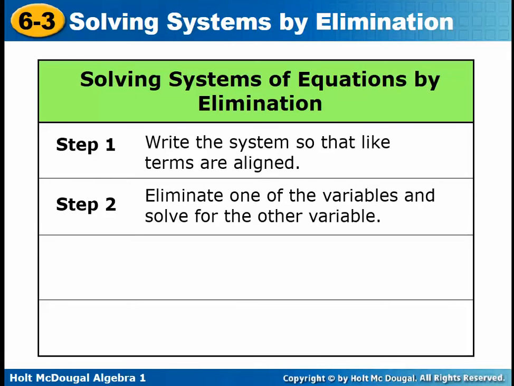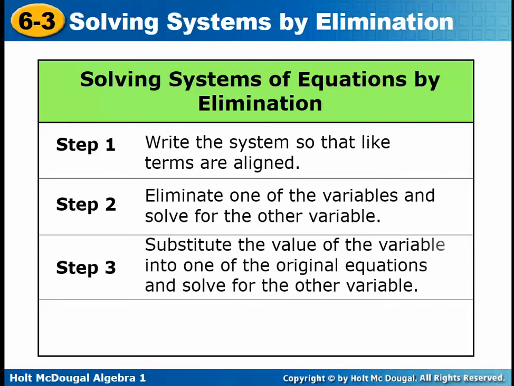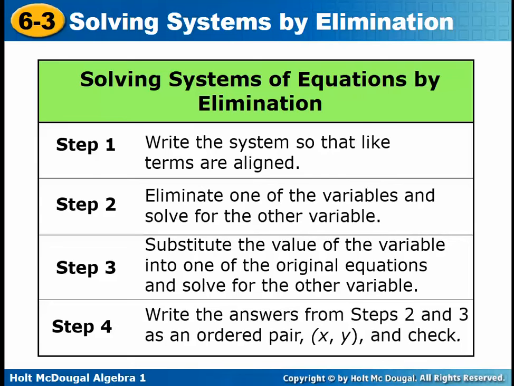It's called step 2, but really that's most of the work of the problem. Step 3 is, once you know one of the variables, just like in substitution, you plug it back into one of the original equations and solve for the other variable. Step 4 is to write it as an ordered pair and check. That could be step 4 and 5, with 5 being its own step of check.